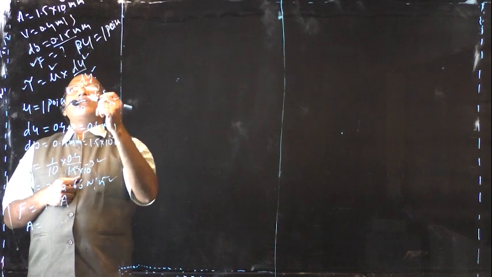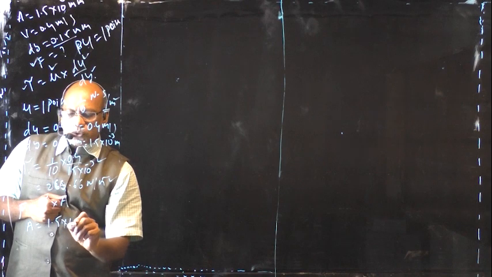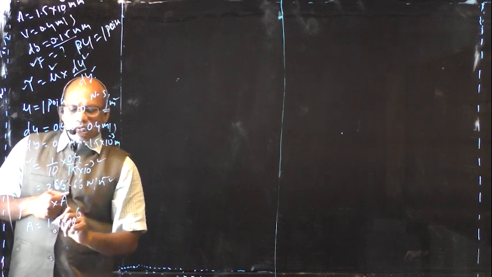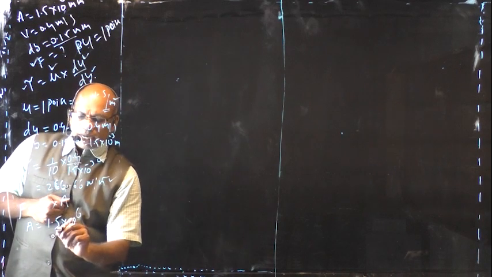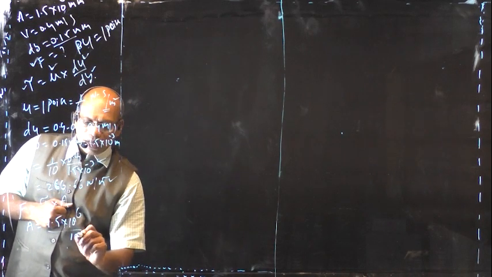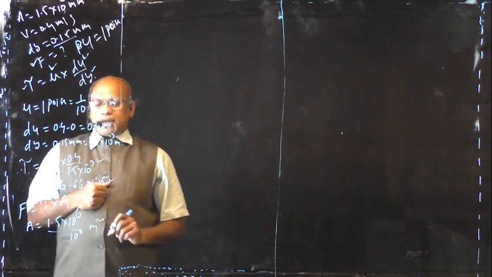First that converts into meter square. That means 1.5 into 10 power 6 mm square is divided by 10 power 6, that is meter square.